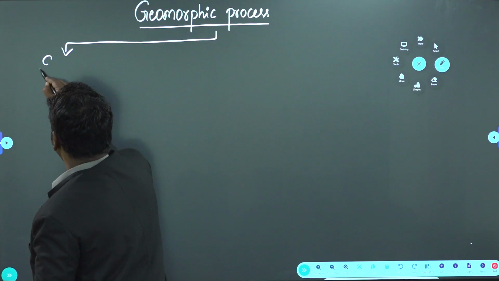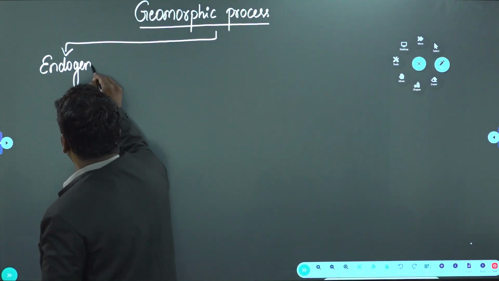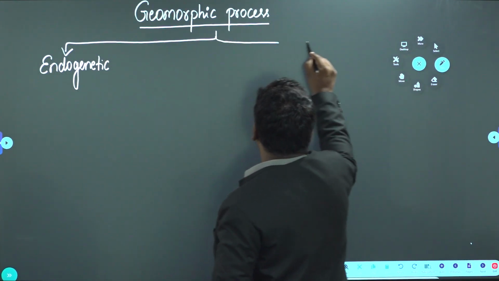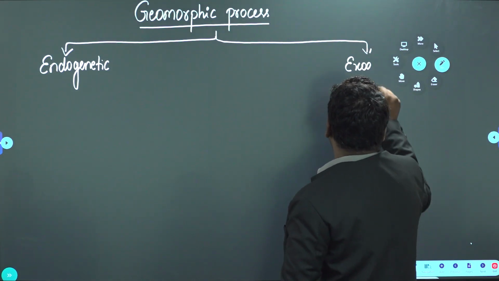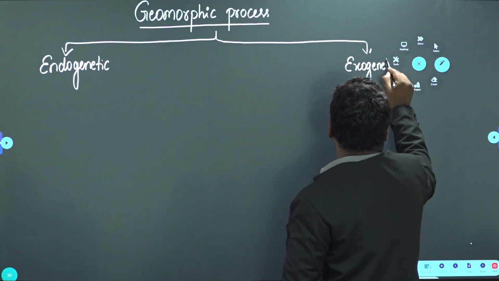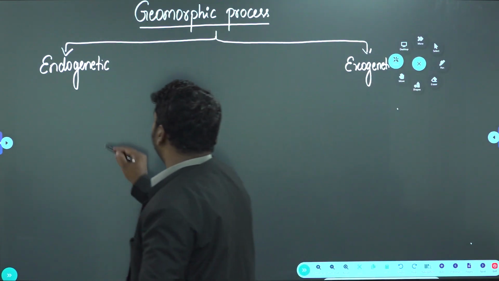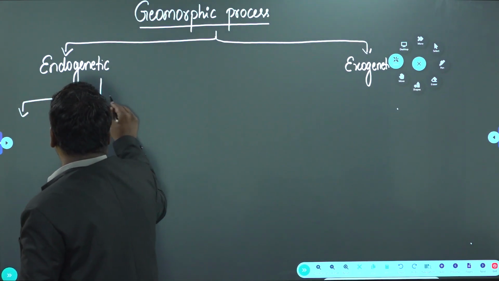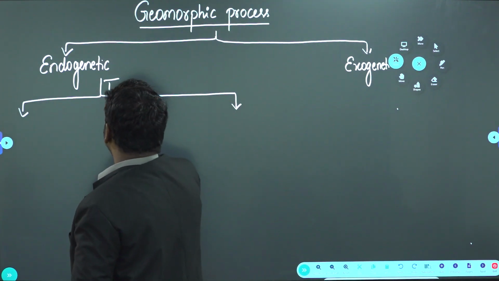Geomorphic process, just terms, if you remember, that's enough, is divided into endogenetic and exogenetic. Guys, please remember, endogenetic is divided on the basis of time.